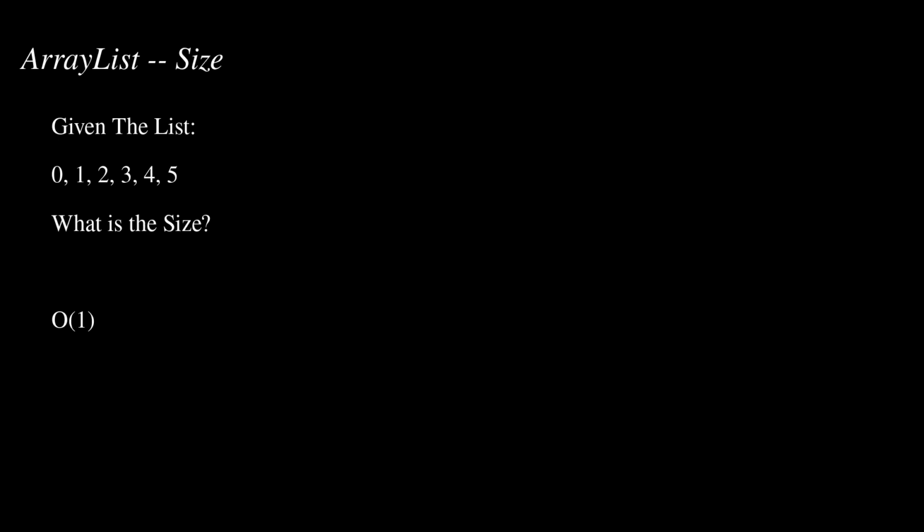When we are asking an array list what size it is, as an example from 0 to 5, we ask the array what the size is. Well, we have these two concepts of sizes. We have the size of the array and then the size of what's in the array. So as an example, if you have elements at the end of your array list that are not being used, that is called a different name.